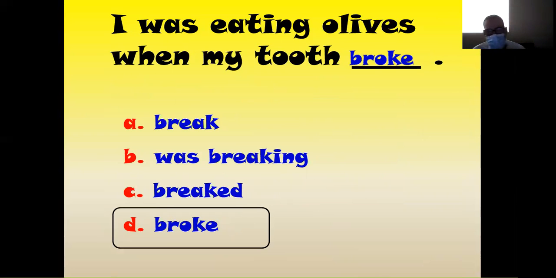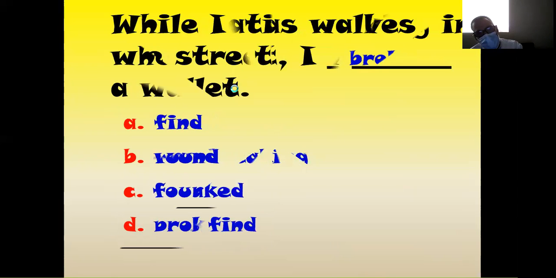Personally, it happened with me. While I was eating, my tooth broke. Okay? While I was eating, I was continuing eating, I was lasting eating. Then suddenly, something happened, which is my tooth broke.